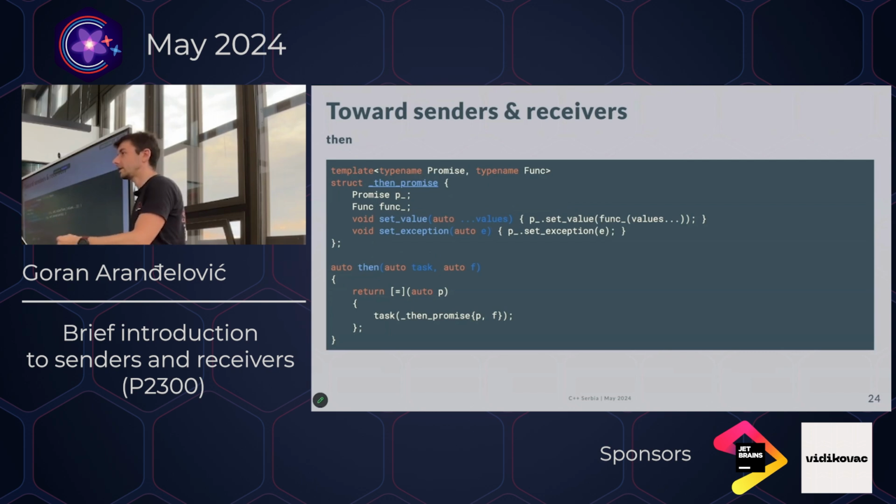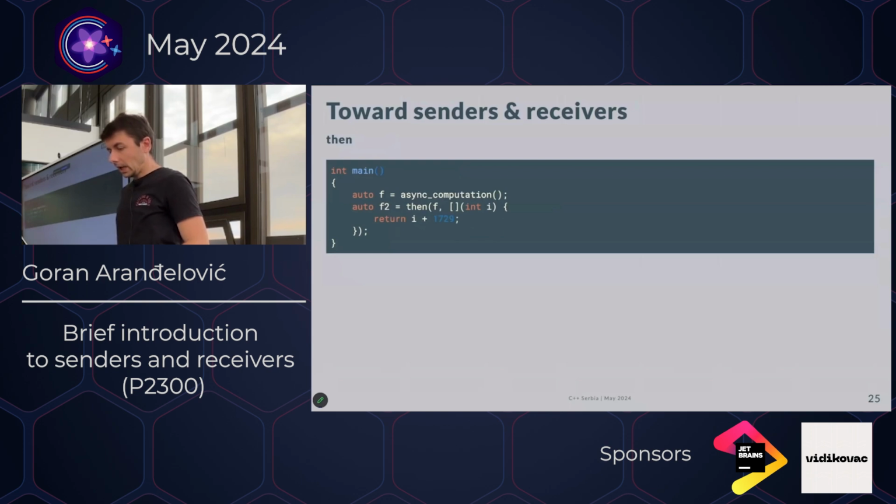We are chaining that promise that we will pass to this lambda with a function which we passed as a continuation to the then function. We will continue, but after this presentation, go back to this slide. This is the guts, and then we can simply do something like this.